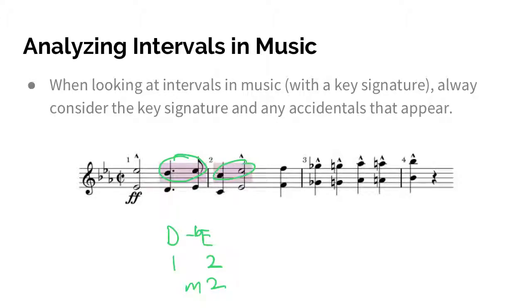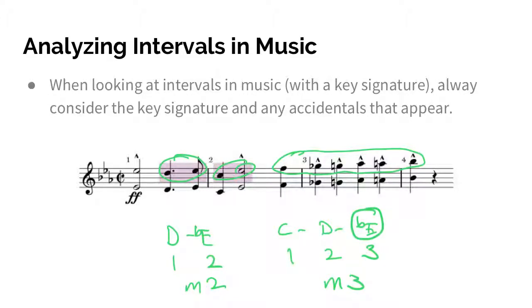And if you look right here, we have C, D, E flat, 1, 2, 3, so it's a third of some sort. Remember, in the key of C major, C, D, E is a major third, and then we lower that top note. This is a minor third. And then right here is a good example of a chromatic scale as well.